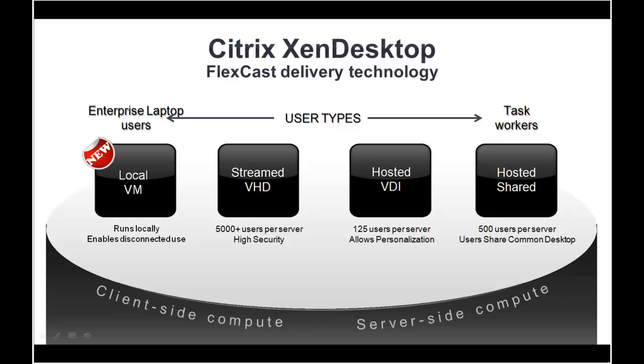You can have a central image and stream it out to a bunch of systems. Hosted VDI, where you take a virtual machine and run it in the data center and allow people to remotely access it. And then hosted shared, that's actually using our XenApp technology that's part of XenDesktop to allow you to get really high ratios of users per system by using a common desktop.